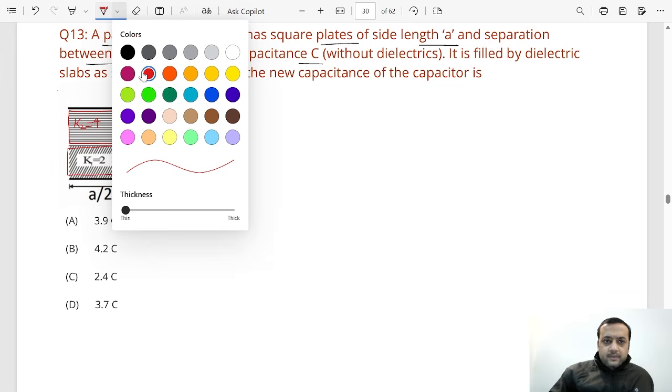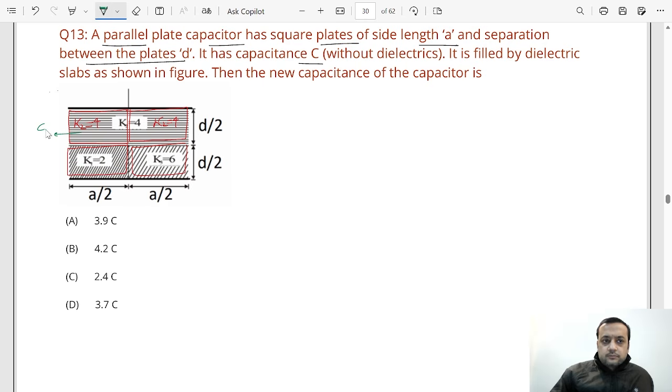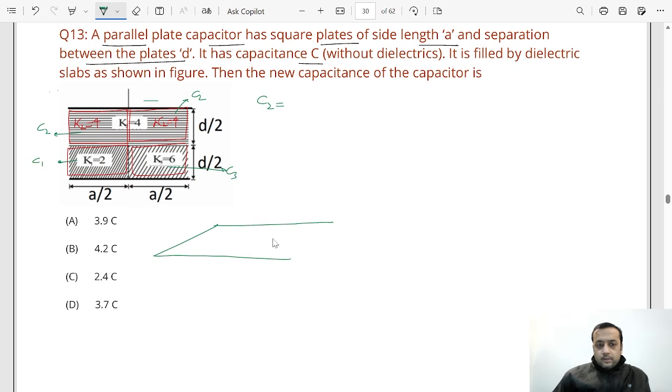So this I'm calling C2, that means this will also be C2, and this I'm calling C1, that means this will be C3. Now see, what is C2? If you try to visualize in 3 dimensions, this top plate of the capacitor I'm talking about is a square plate, right?